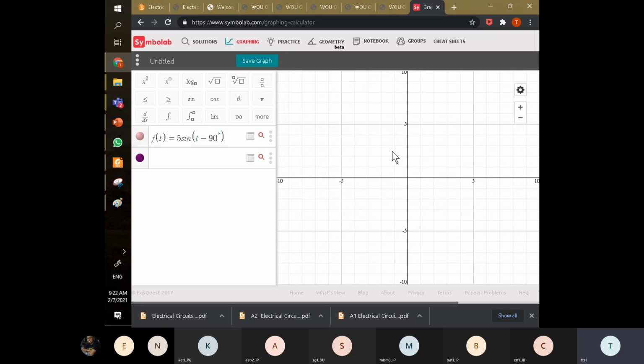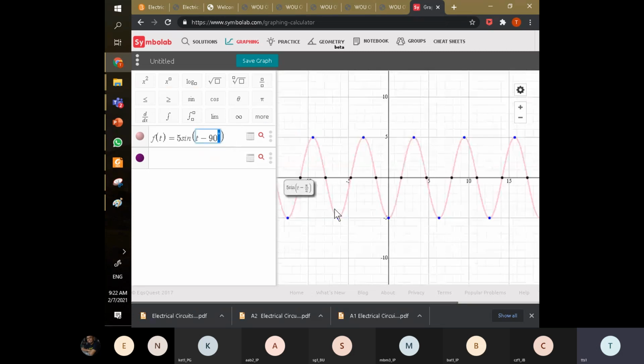Sometimes it just disappears. I don't know. On some computers it works very nicely. So here is 90 degrees. The delay from here to this point here is 90 degrees. Then the peak here becomes 180 degrees.